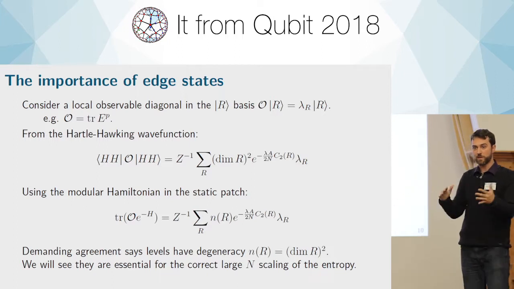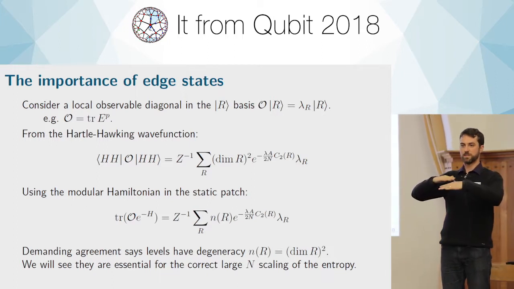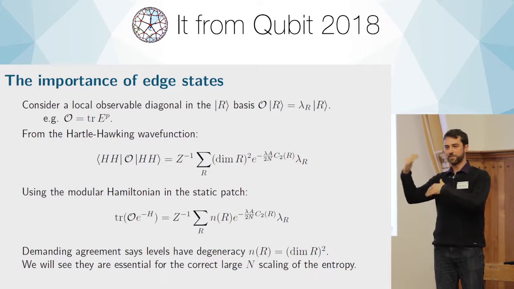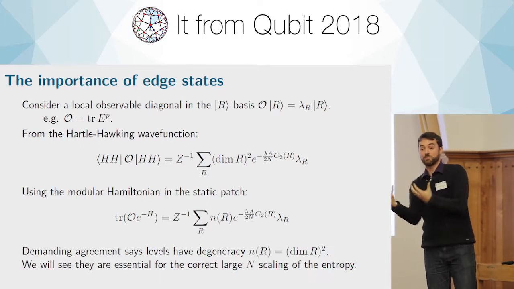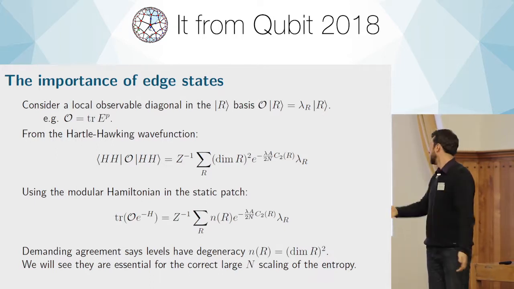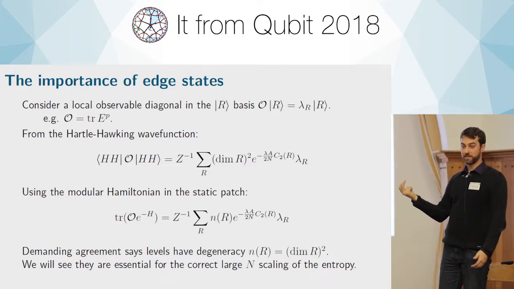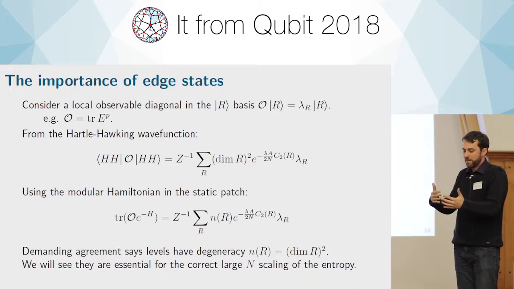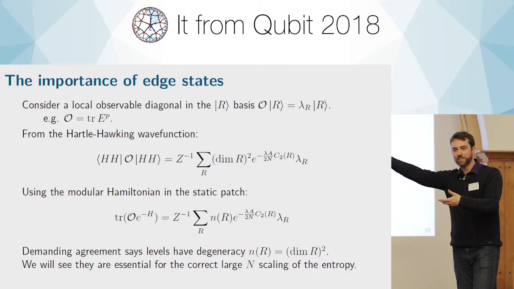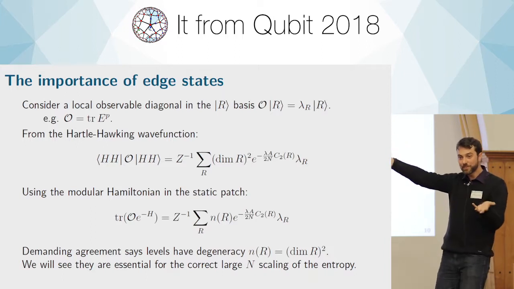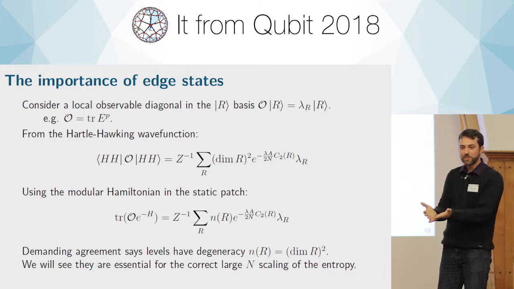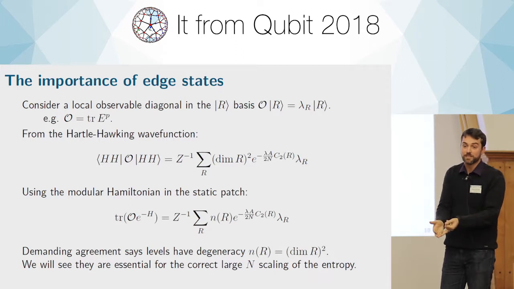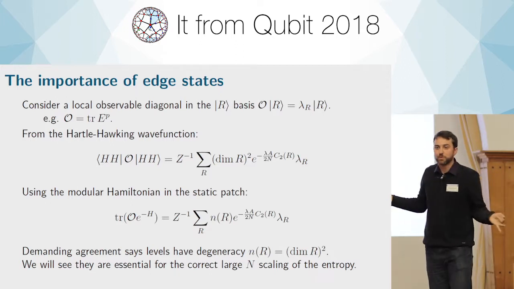So thermodynamically, I have two levels with different energy. What's the relative population of those two levels? It's related to the Boltzmann factor and the degeneracy of the levels. And so just from being able to measure some observable that tells you the population of each of these levels, you can read off what their energy is, and you can read off what their degeneracy is. And then once you have that, you know what the entropy has to be.